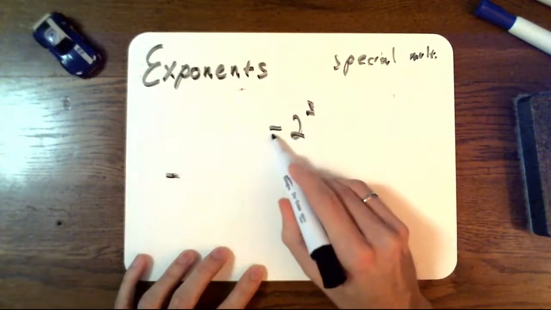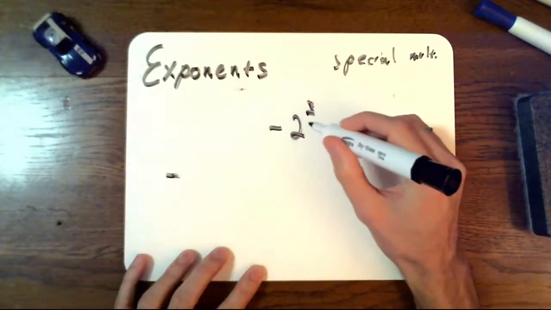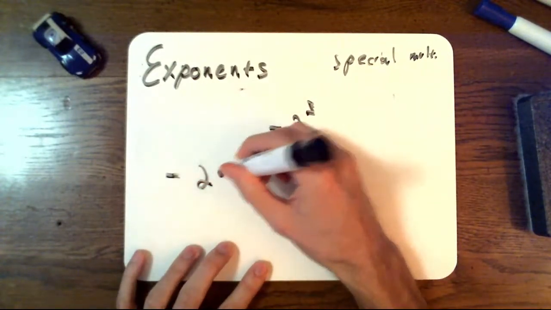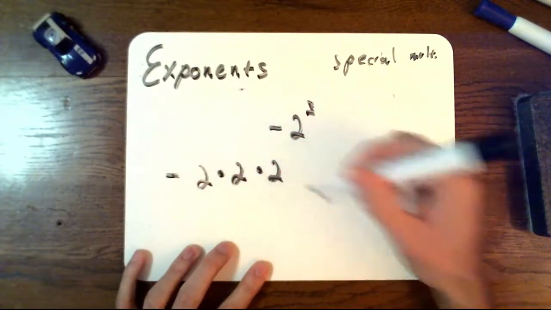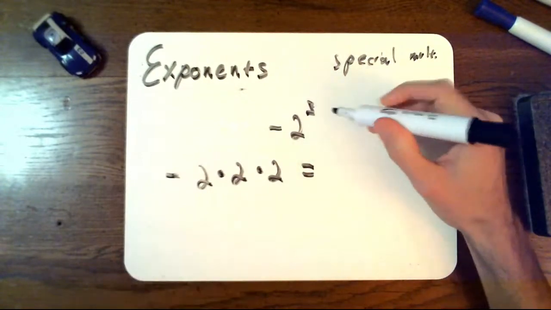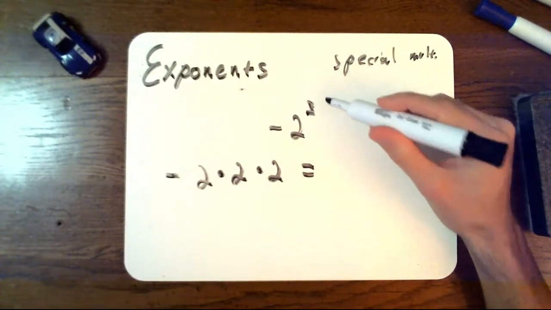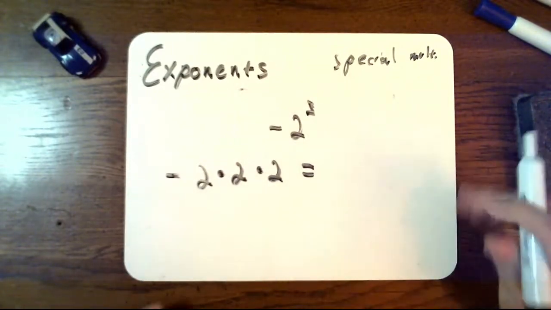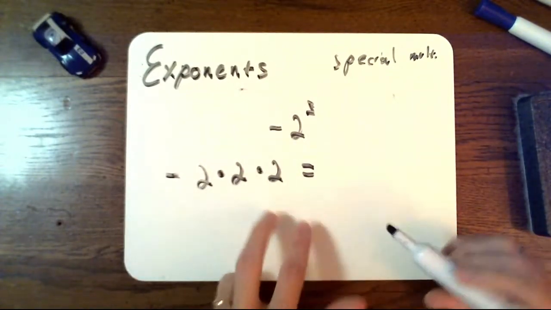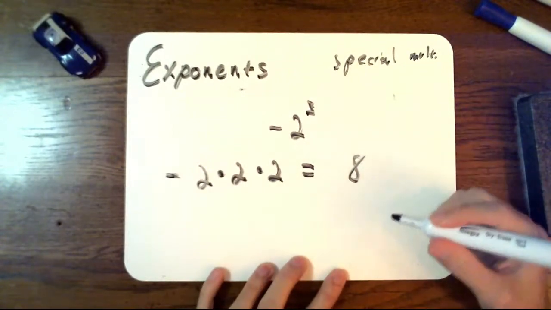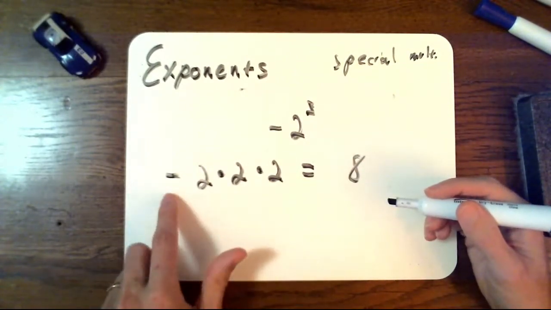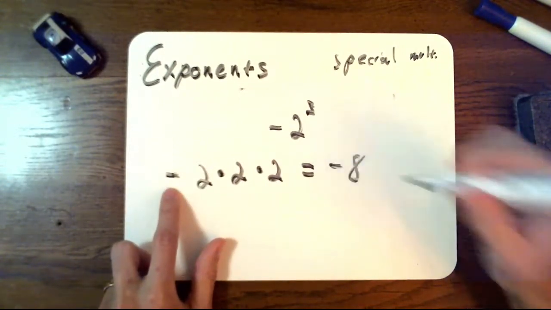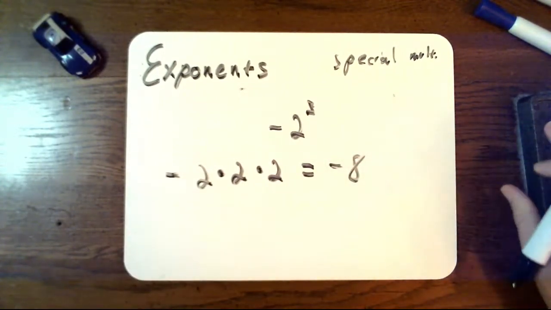Well, we have this negative out front that we're not touching, but then this 2 is going to be multiplying itself 3 times. So you really want to pay attention to where the exponent is and what's inside of the thing the exponent is affecting. And then we know what 2 times 2 times 2 is. That's 8. Is that going to be positive or negative? Well, we have 1 negative, 2 positives. An odd number of negatives means negative 8.